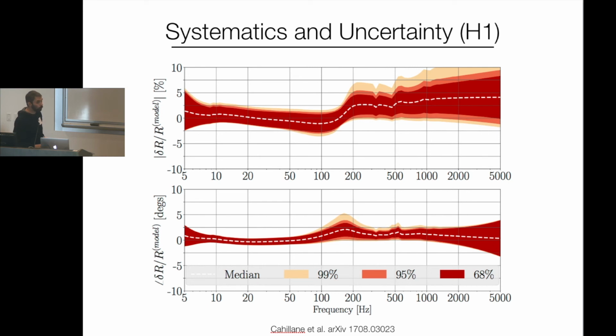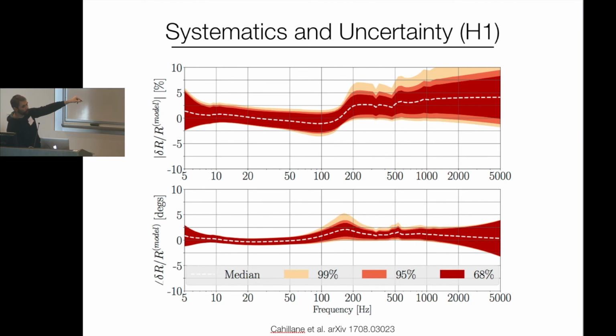If you want a full picture, there was also another paper that we put out recently, spearheaded by a grad student in our group, Craig Cahalan, who I don't think is here. This shows the full frequency dependence of those systematics. Ideally, this top plot in magnitude should be 0 all the way throughout, and this bottom plot should also be 0.